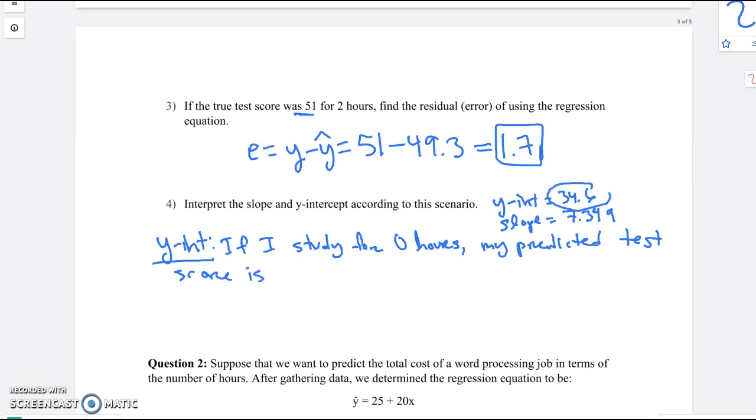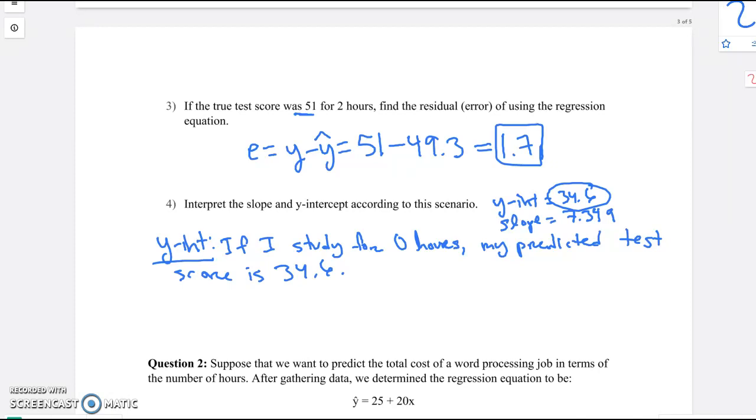Well, it's just this, 34.6. That is what I'm expected to get. If I don't study at all, that is what I'm going to get, a 34.6%. And that seems very feasible. It really depends, but that's just what this graph is telling us. If you get a 0, that's what you're going to get.